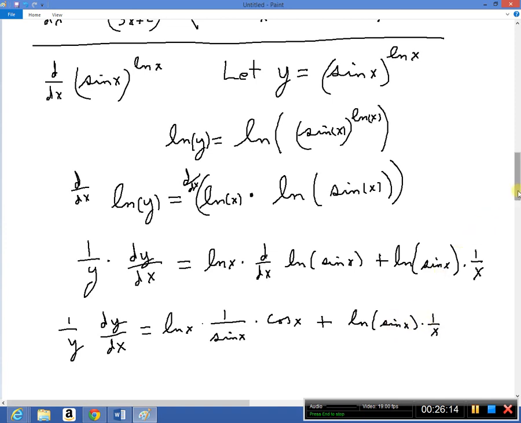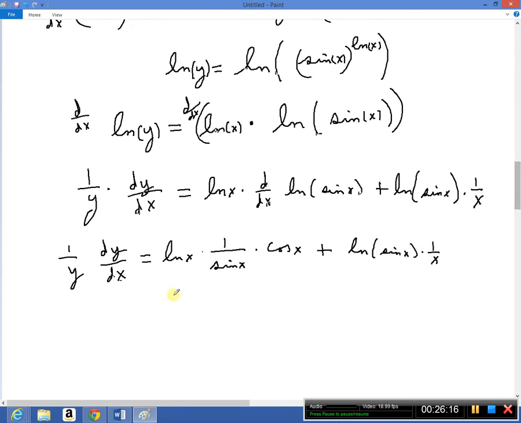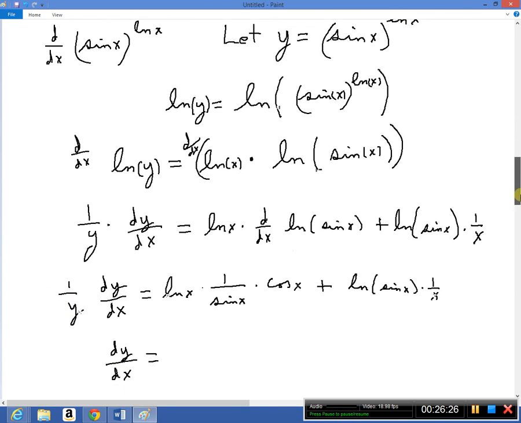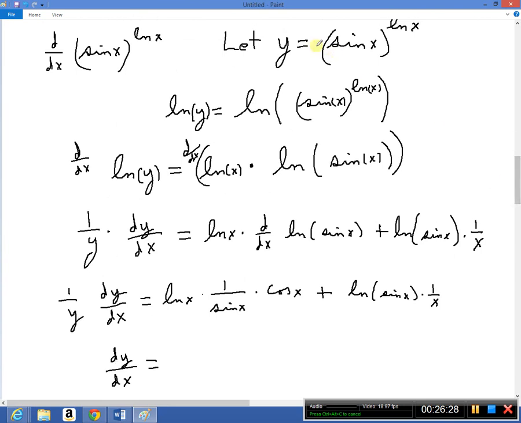And now we have our answer. Because here's dy dx. We multiply both sides by y, which was what? It's up there. Y is sine of x to the log of x power.